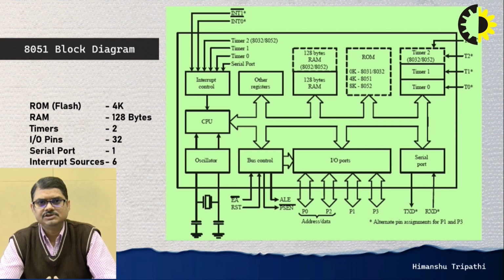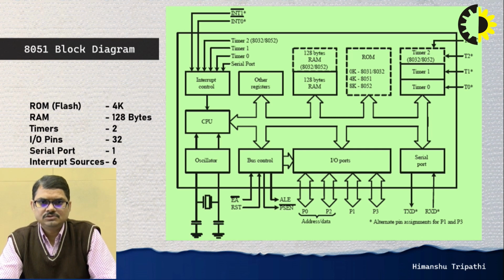These lines or pins can serve as 32 input output ports. We group these pins or lines together, and we have four 8-bit ports available with the 8051 microcontroller. These ports are named P0, P1, P2 and P3.